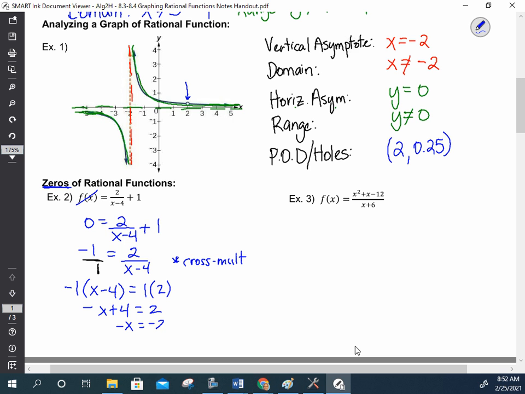Negative x equals negative 2. X equals 2. So you have a 0 at x equals 2. Any questions, example 2?